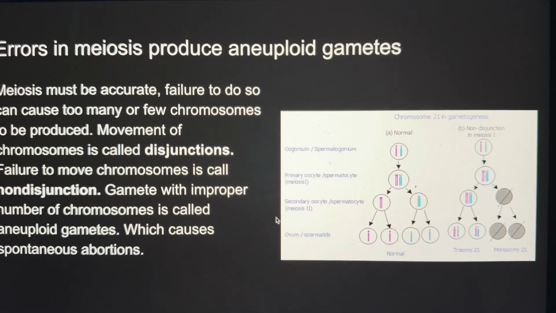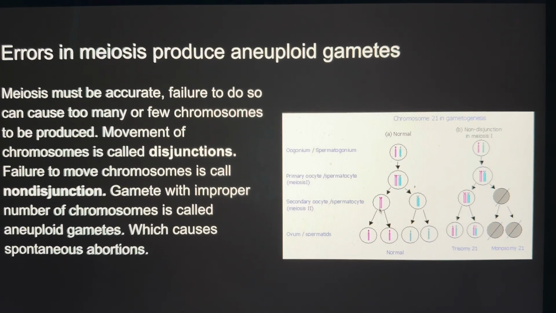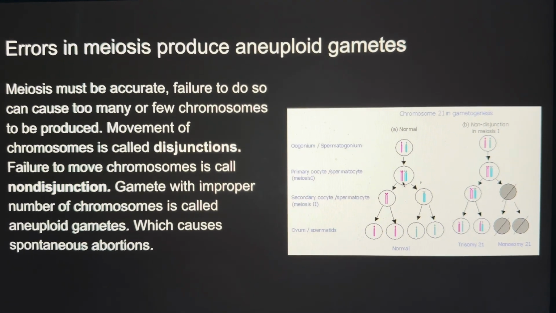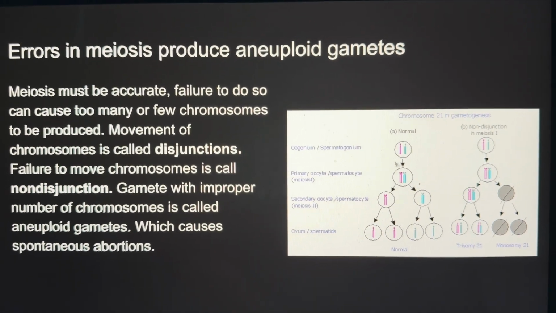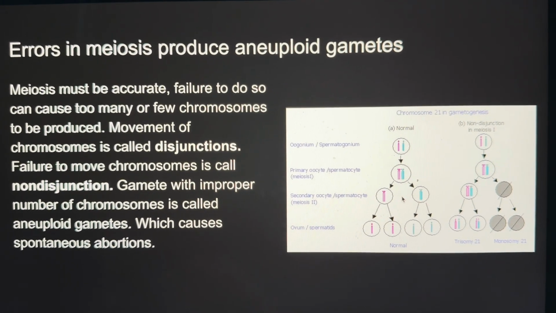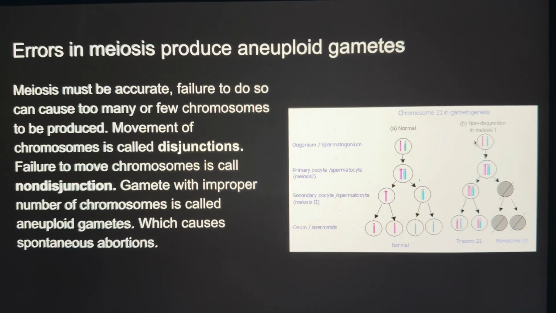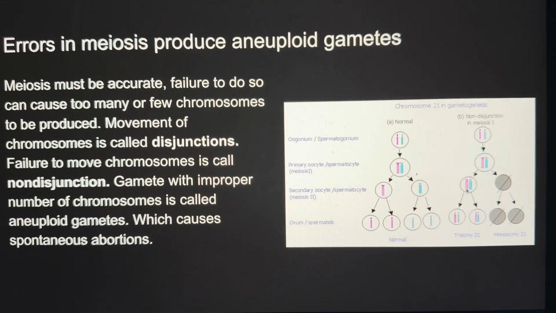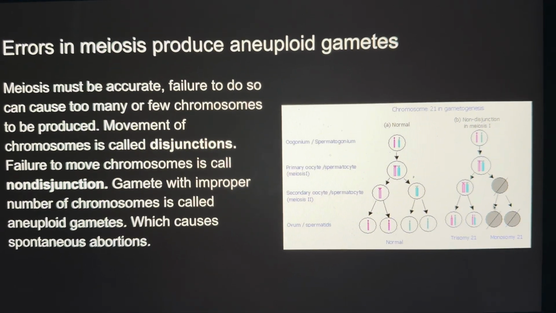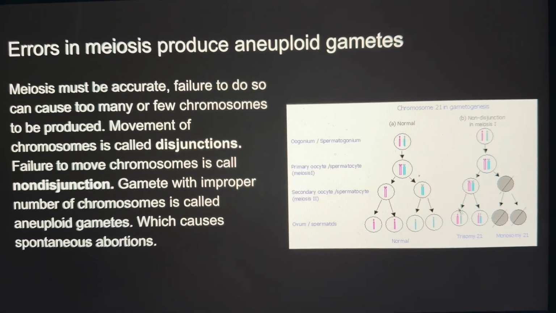And here's an example of how a normal chromosome looks, like disjunction, and this is non-disjunction, how it doesn't separate, it just stays together.